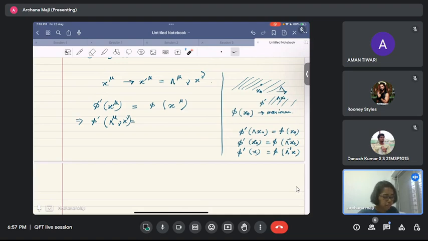Are there any other questions on this? Okay, I'll proceed then. So this implies phi prime of x mu will be phi of lambda inverse x.